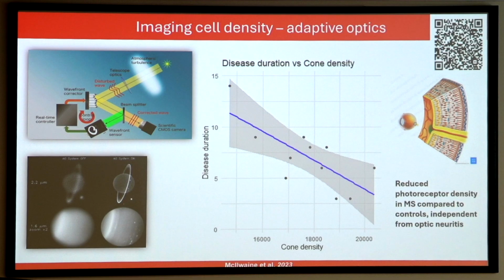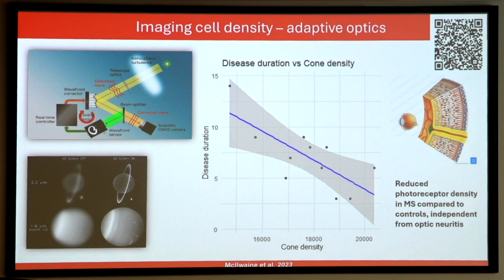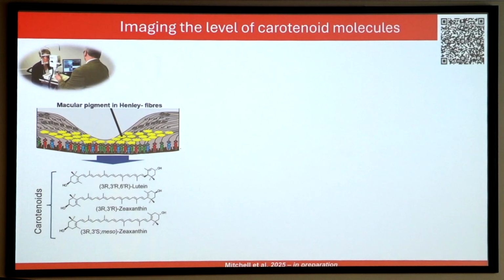And when we looked at how cone density relates to disease duration, we found that a lower number of cones is associated with faster disease progression and longer disease duration, which further strengthens the connection between MS and our finding. Now you can see that the sample size is rather modest, so this needs to be repeated, but it is definitely something we want to follow up on.